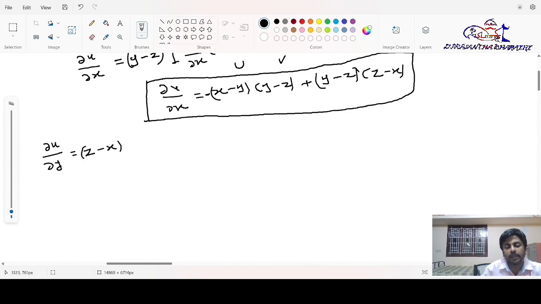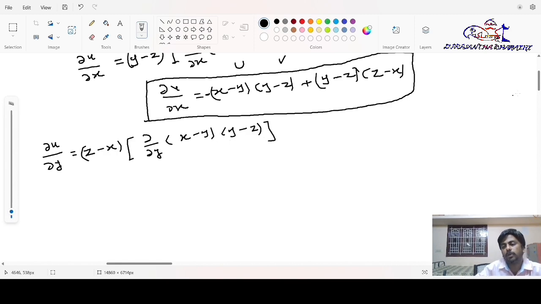So we can take that outside and we will get dou by dou y of the two terms, x minus y and y minus z. So we are having x minus y into y minus z.